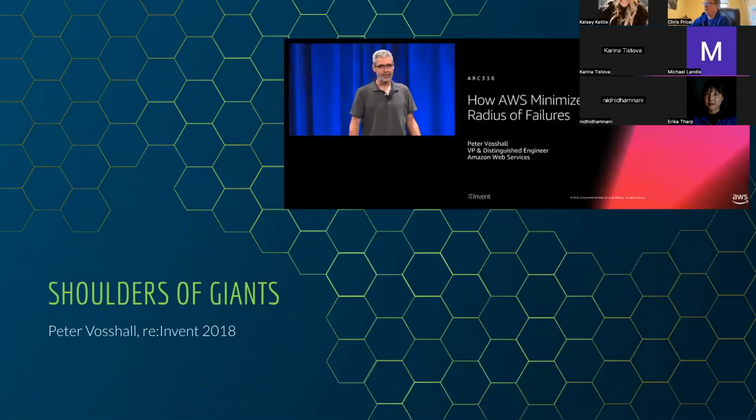So that's my background. I covered this a little bit last time as well, like what is cellular architecture and why you should use it. If you're interested in more of a recap of that, you can check out my previous talk or this great talk from Peter Vachel from AWS, where he talks about minimizing the blast radius of failures for your distributed system.